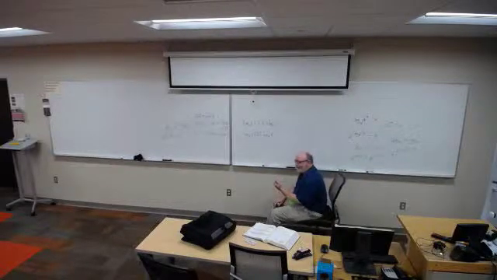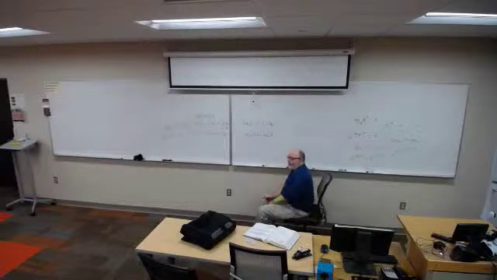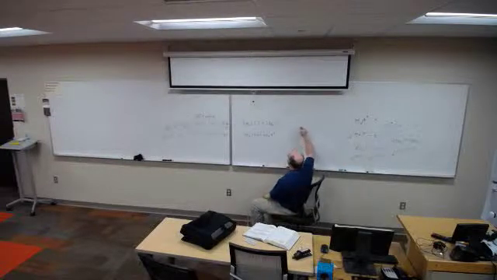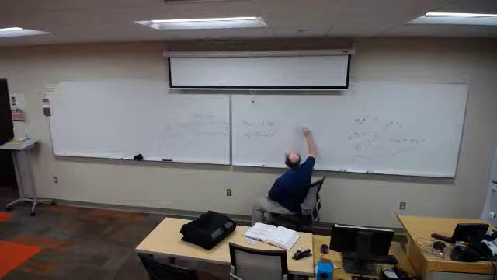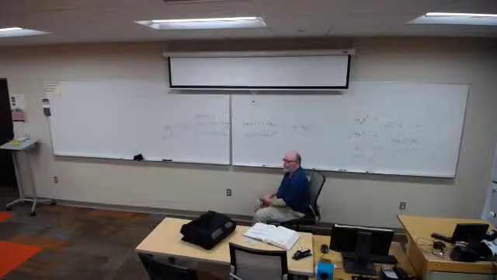Now this is where it gets a little dicey. I want everything to be logarithm base 10. So 2 is equal to the logarithm base 10 of what number? 100.